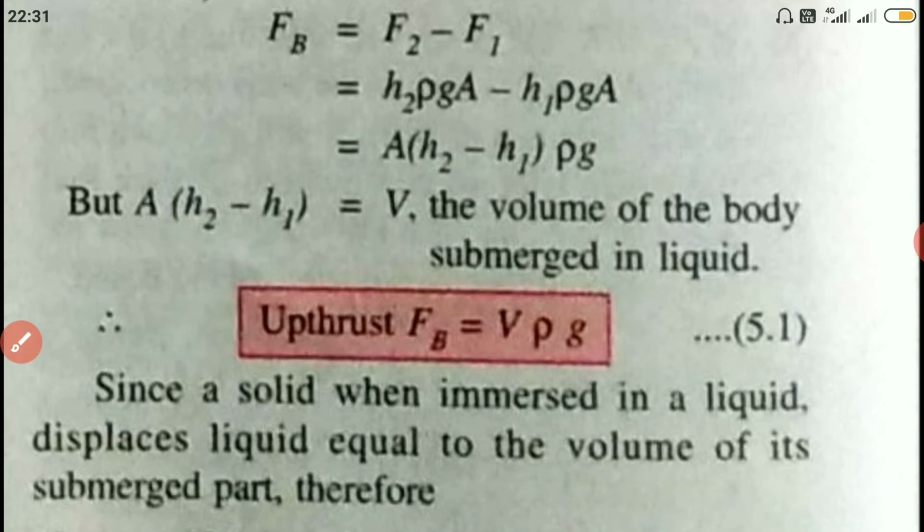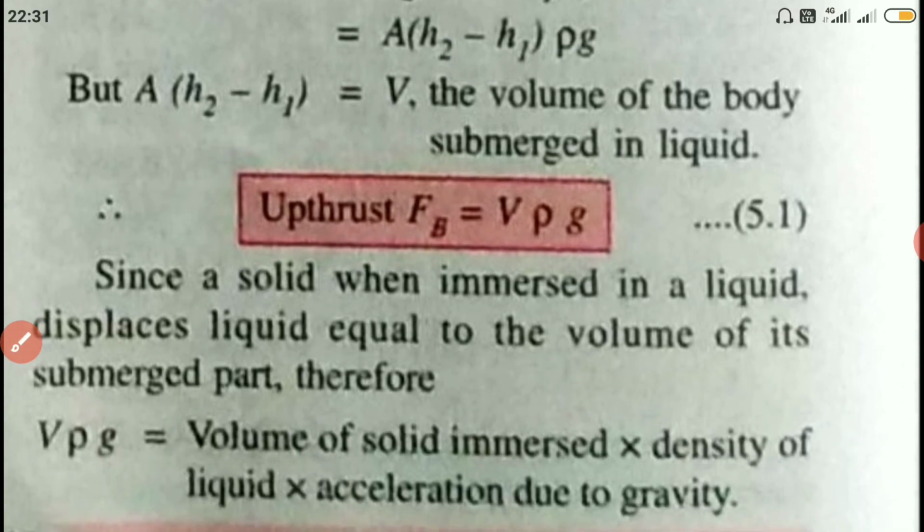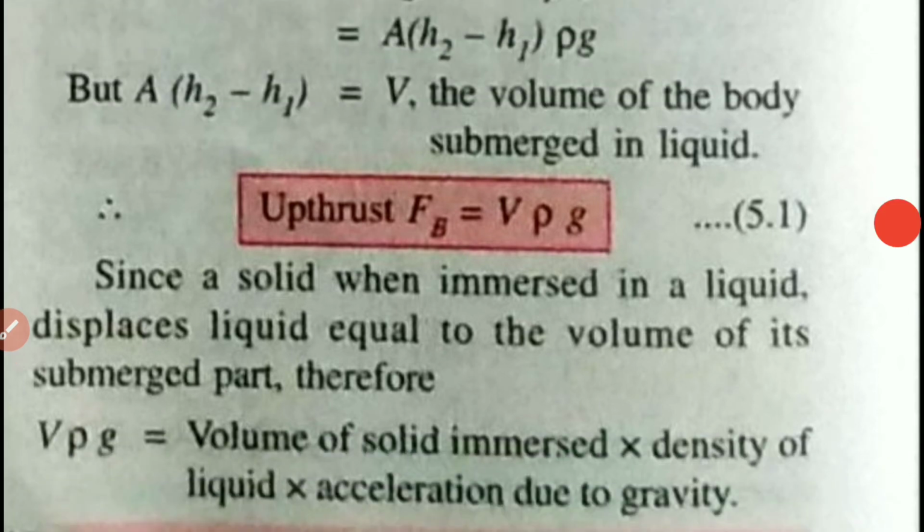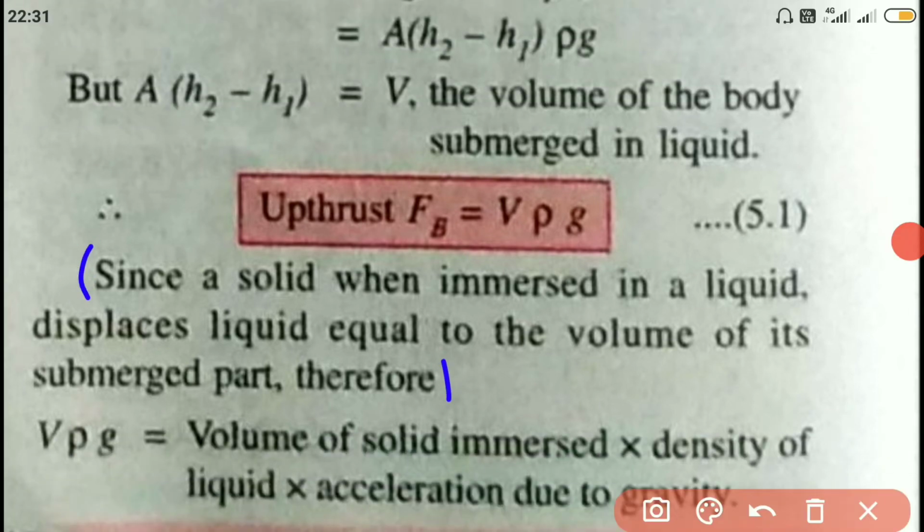Now, since a solid when immersed in a liquid displaces equal liquid to the volume of its submerged part, therefore, explaining this particular line here, suppose I take an object of volume 20 centimeter cube and I fully immerse it in the liquid. How much liquid will it displace? Obviously 20 centimeter cube. Suppose I take 50, then 50.